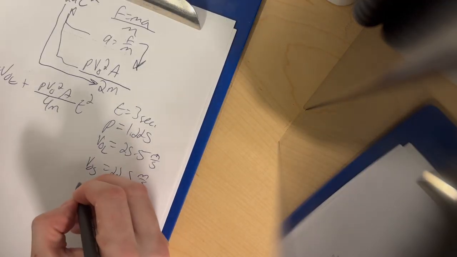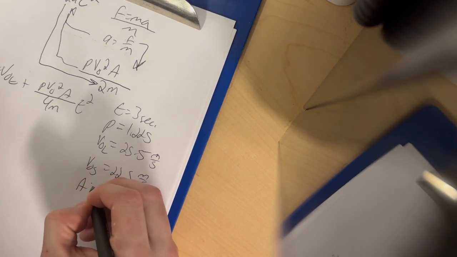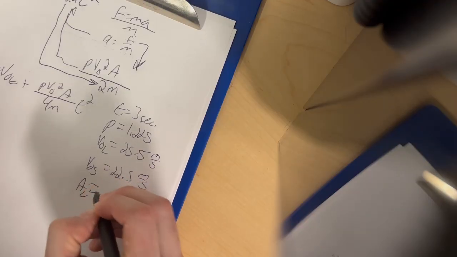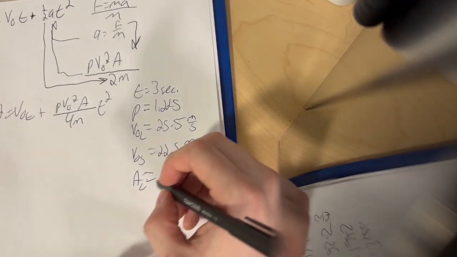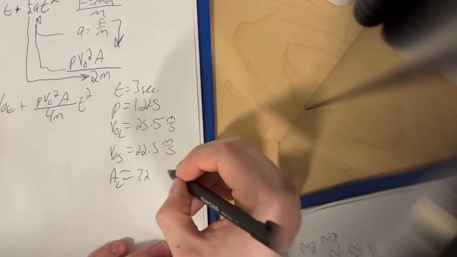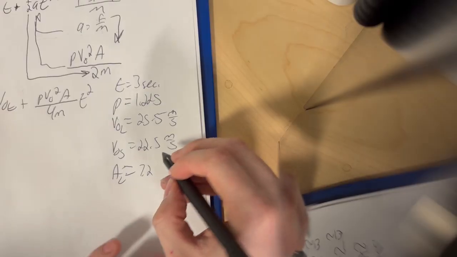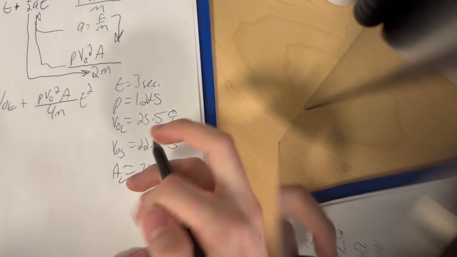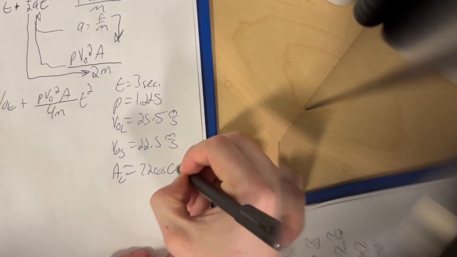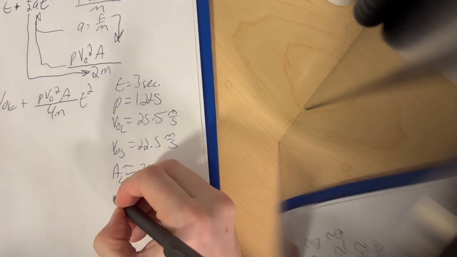And then the last thing we need is area. So area of long darts is going to be 7.2 cosine theta, that's the surface area of the dart against a flat surface, with theta the angle relative to the horizontal.